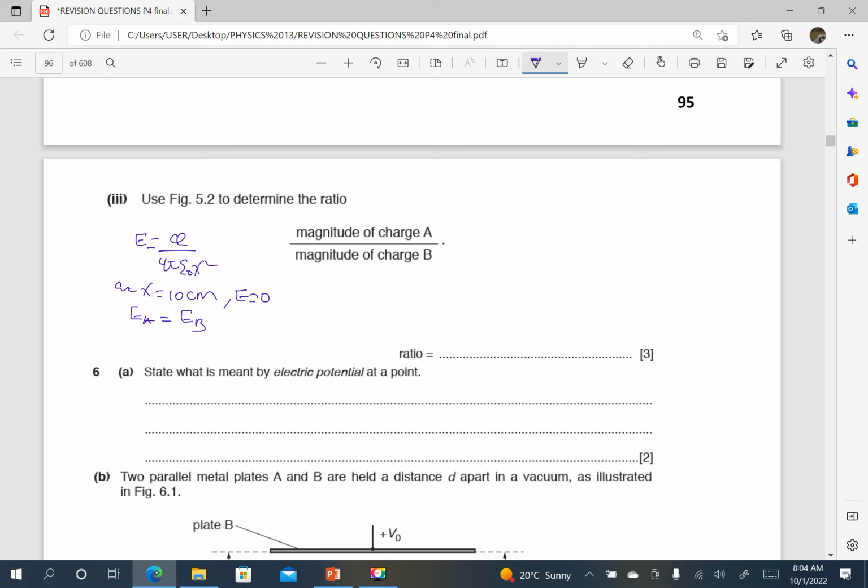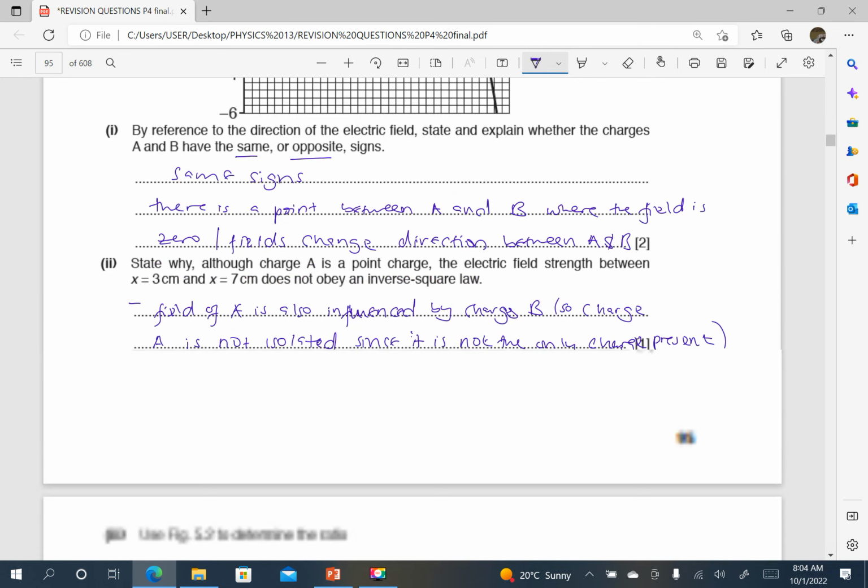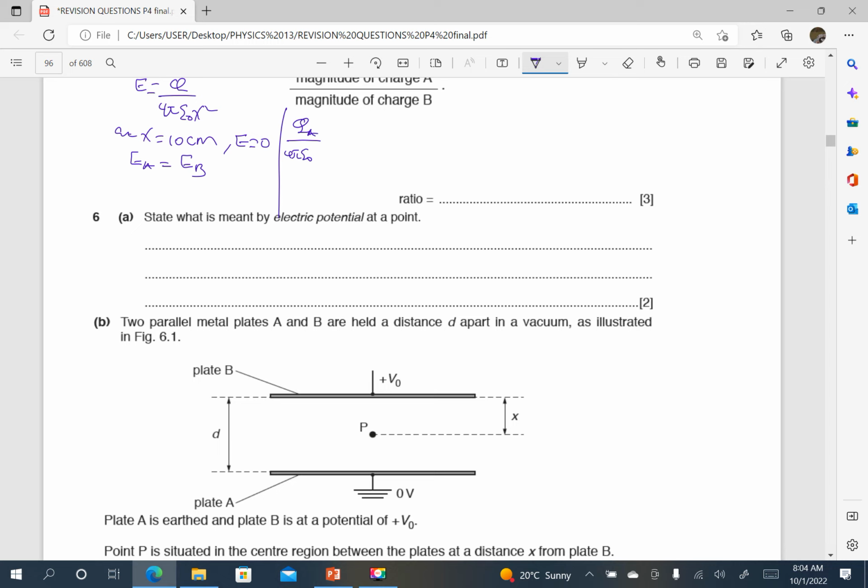So I'm substituting this expression. Q for A over 4 pi epsilon naught times x for A, the distance of A from the point, which is 10 centimeters. I don't need to convert, but I can still convert, but it is useless because I'm going to divide.